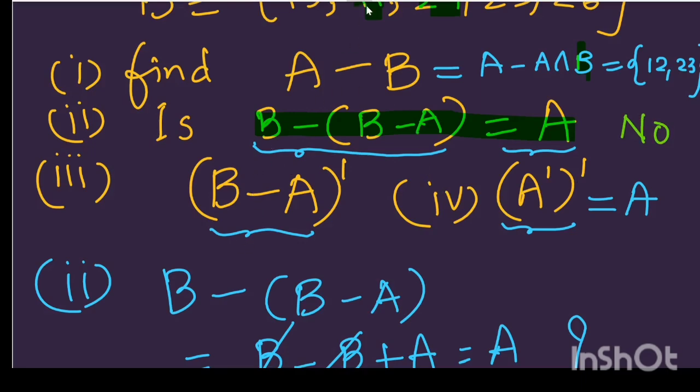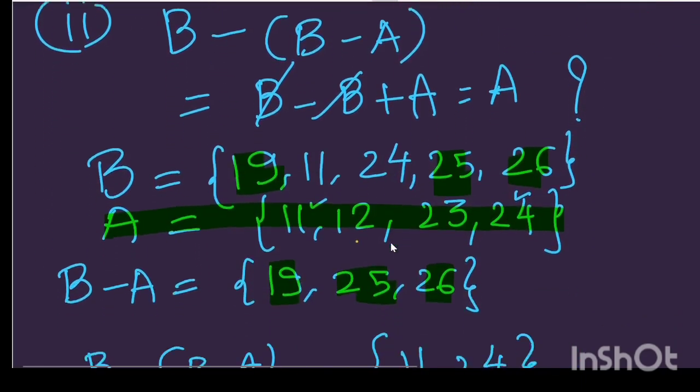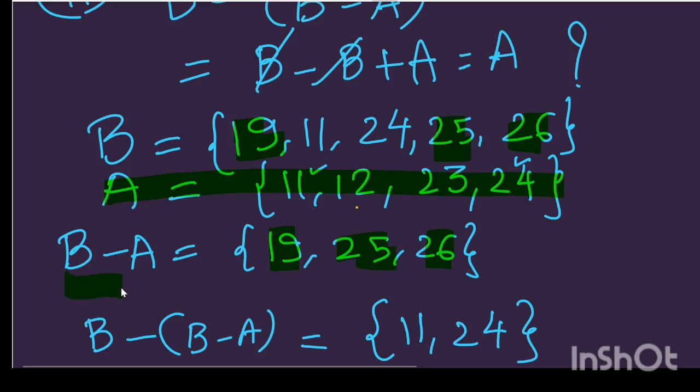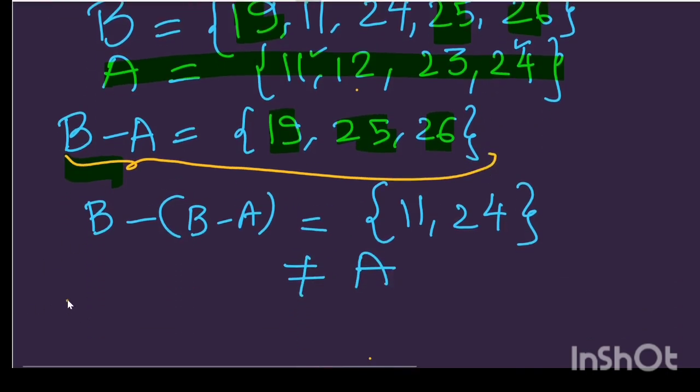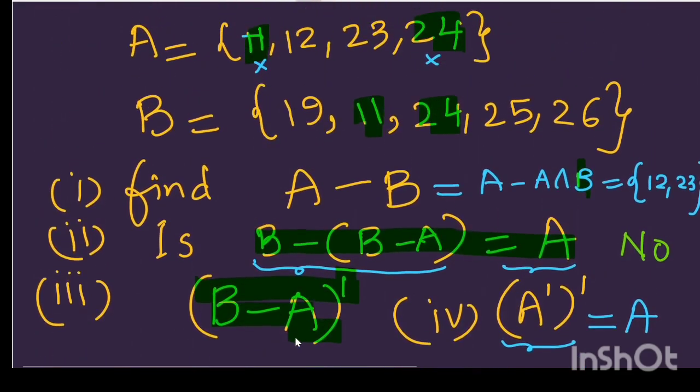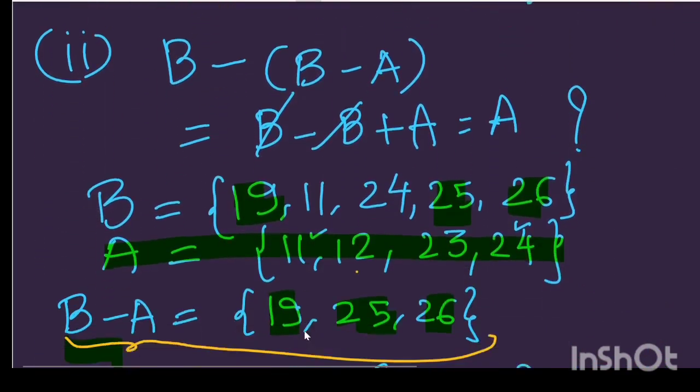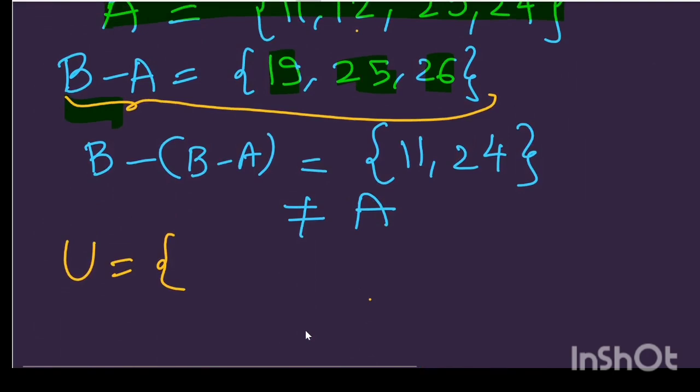Now in the third part, we have to find B minus A whole complement. B minus A, we calculated, came out to be 19, 25, 26. And the universal set was from 10, 11 to 26.